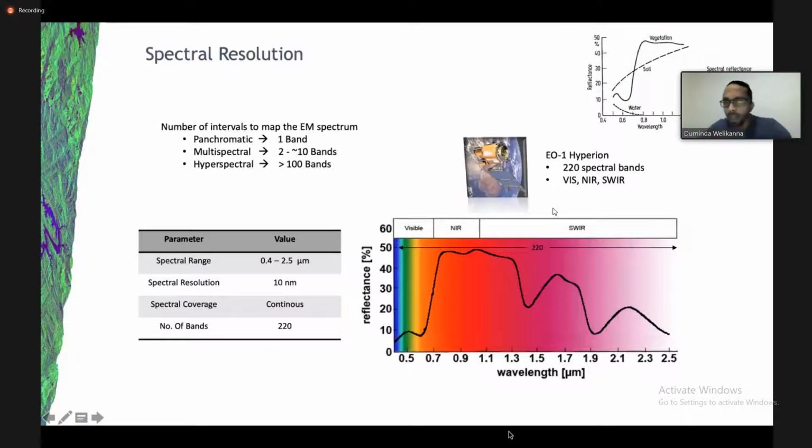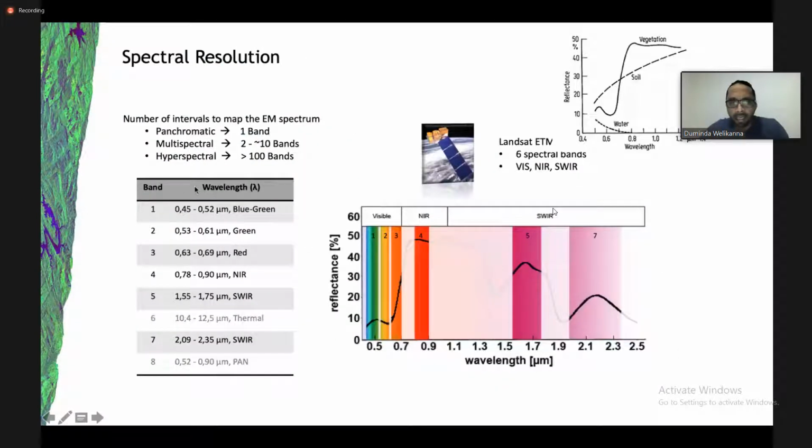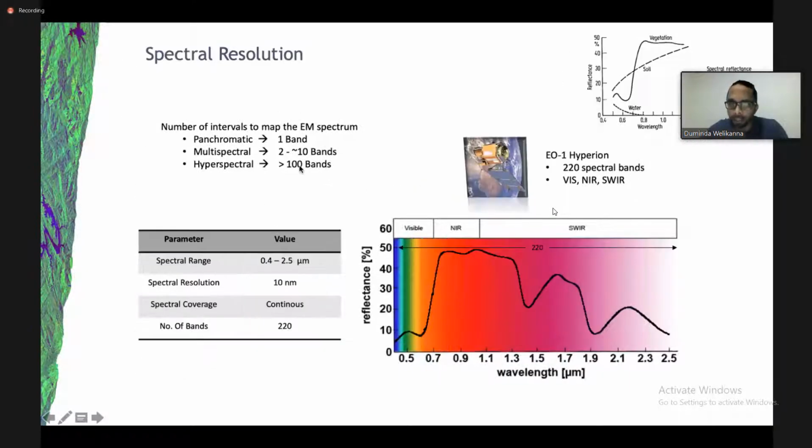But when you go to the very high spectral resolution Earth Observation 1 Hyperion from NASA, you will see a continuous spectral profile. Why? It has 220 images, while in the case of ETM plus, it's only like 10 bands, and panchromatic only 1 band. But in a hyperspectral sensor, you can see 220 bands.